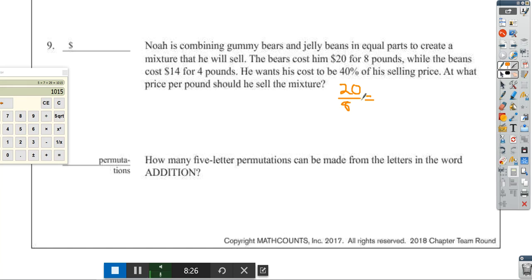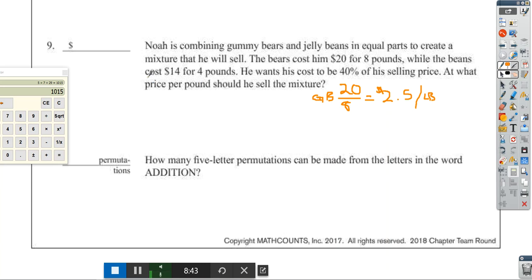And so that is going to be a grand total of $2.50 per pound. Okay, so that's the gummy bears. I hate that gummy bear song, but man, gummy bears taste good.